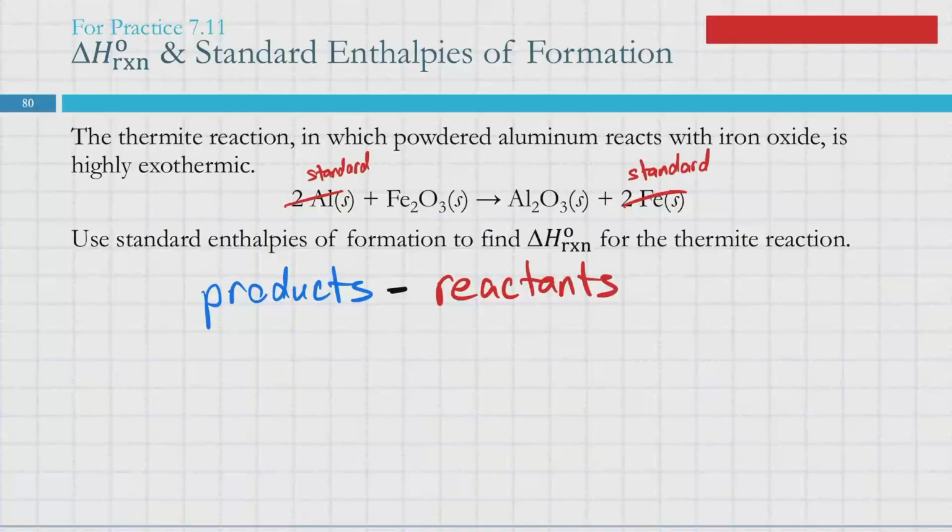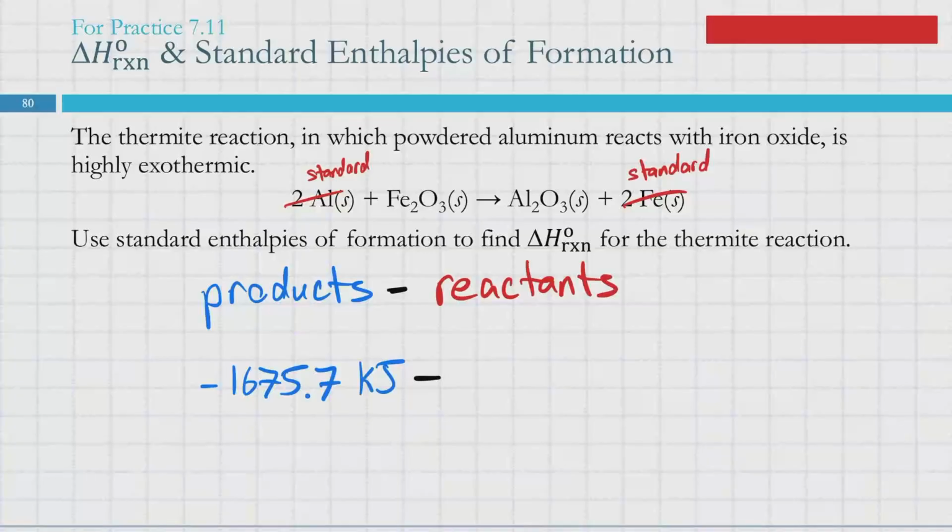The Al2O3, our aluminum oxide. And our value for our aluminum oxide is negative this big old number. And we're subtracting from that our reactant. They both have coefficients of 1, so we don't have to do any multiplication, and we only have one thing, so we don't actually have to add anything together.